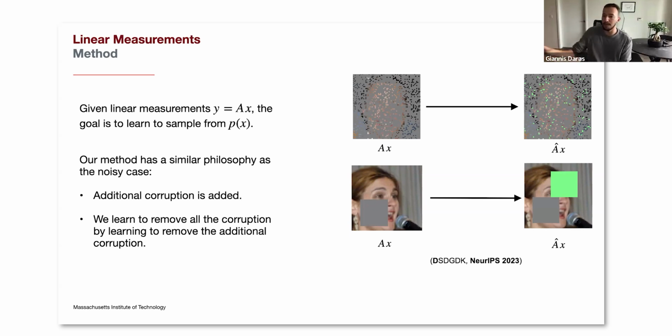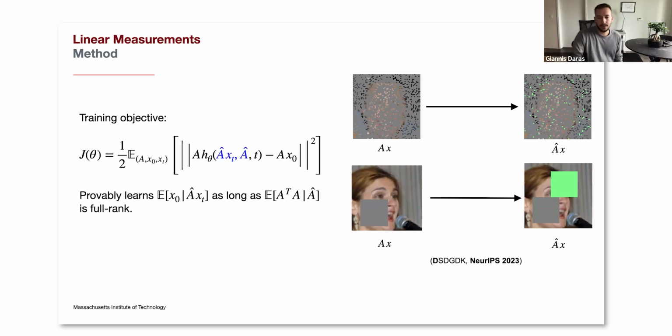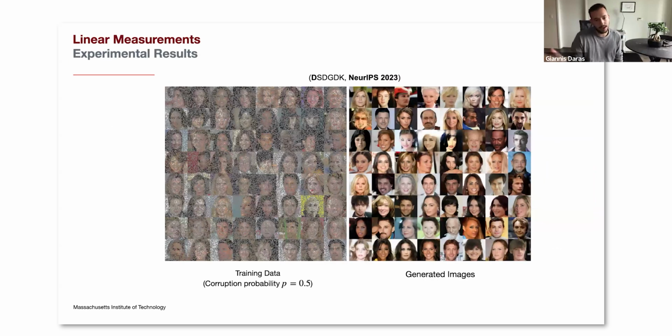Or if a box was missing, you add another missing box, and you don't tell the network which box was always missing and which you made missing. So the network is incentivized to predict the clean image without any corruption. We have some theory for that, but yeah, results.